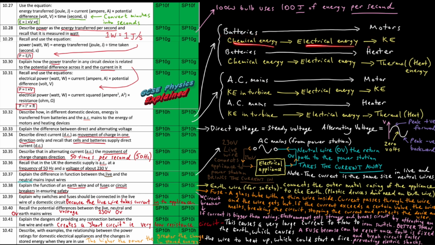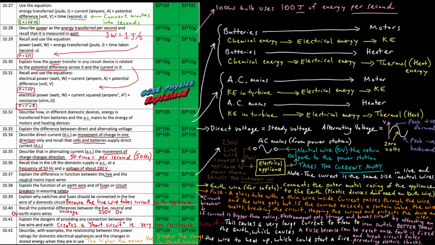So 1, 2, 3 marks for that possibly. What about batteries powering a heater? Well, once again, the battery is a store of chemical energy, and then it would need to go into electrical energy in the wires, and then, well, a heater gives out heat energy, so thermal or heat energy. Once again, 1, 2, 3 marks possibly.